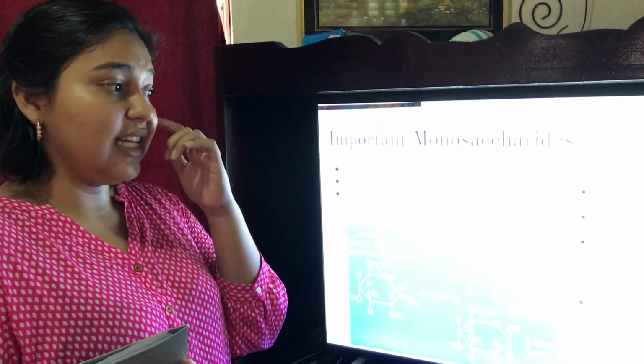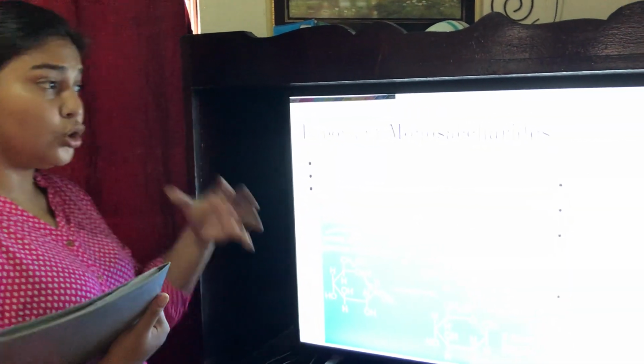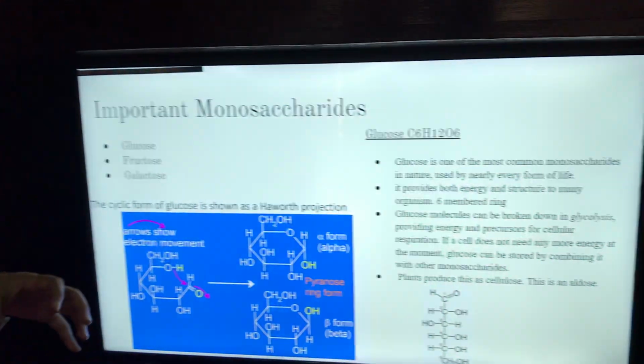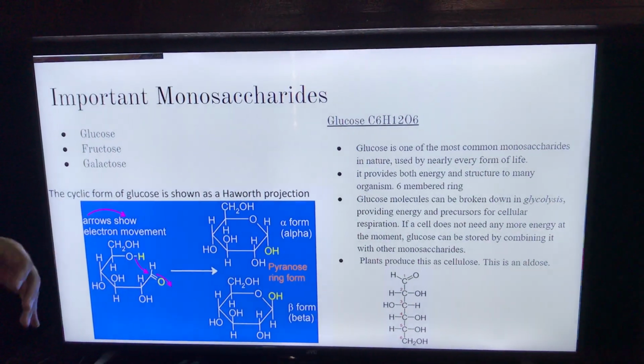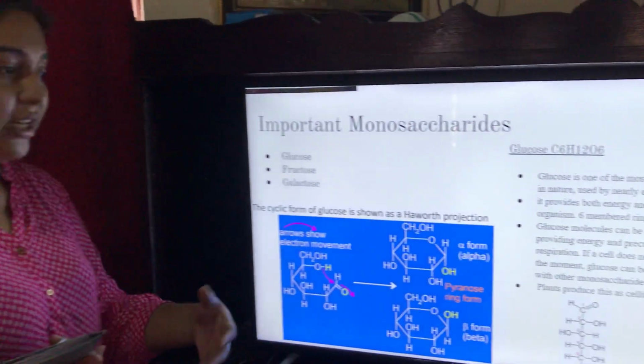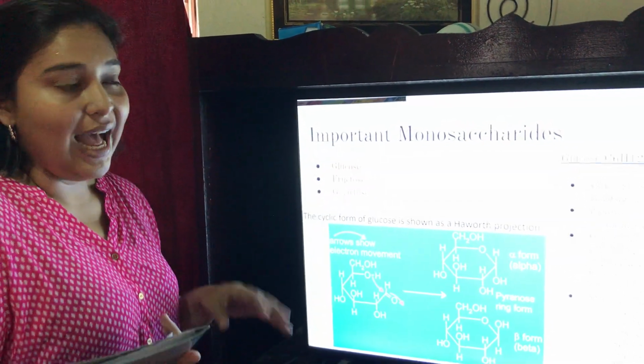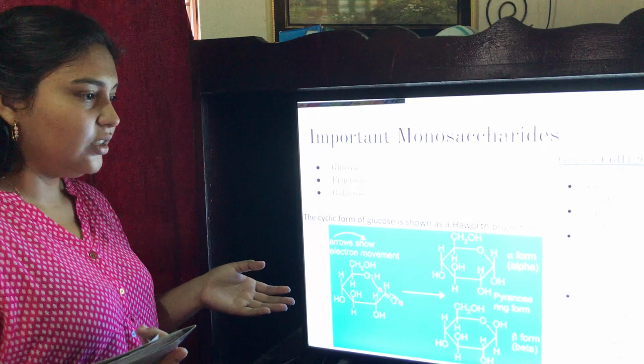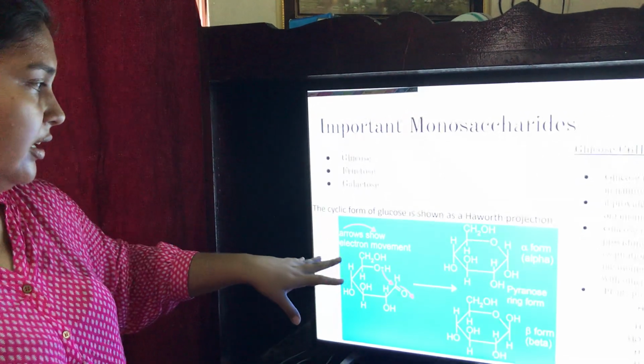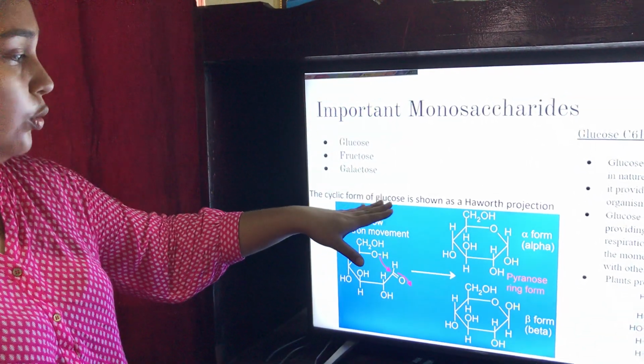Now, if a cell does not need any more energy, it can store this glucose, and you can then use it whenever the plant or the animal needs more energy. So plants produce glucose as cellulose, and this is an aldose. So right here, this is a cyclic form of glucose.